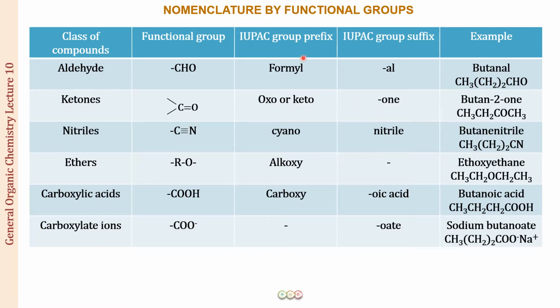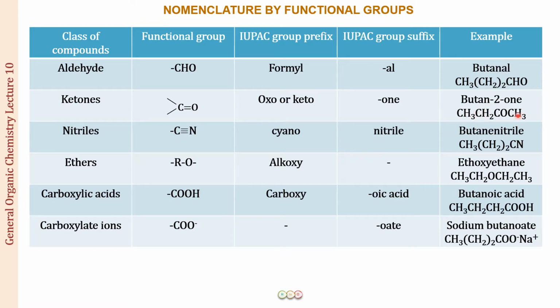This is going to be relevant when we learn about the presence of polyfunctional groups in one organic molecule. Let us see one example over here. You can see a CO group, and with this CO group there is one ethyl group attached on one side, and one methyl group attached on the other side.